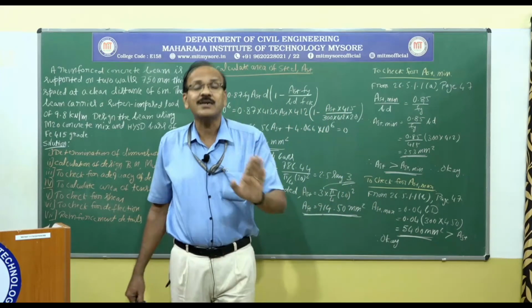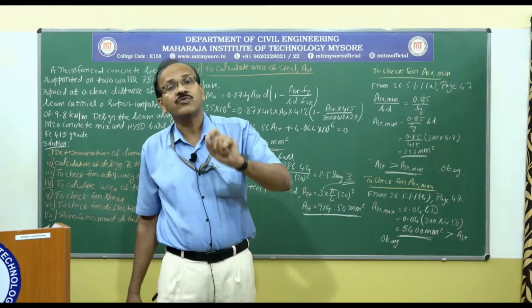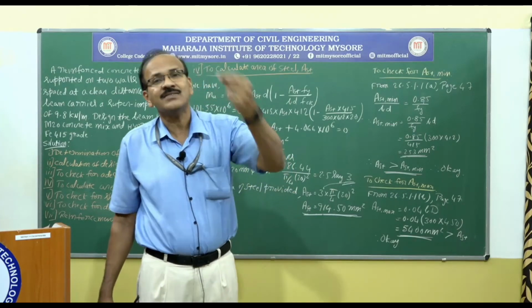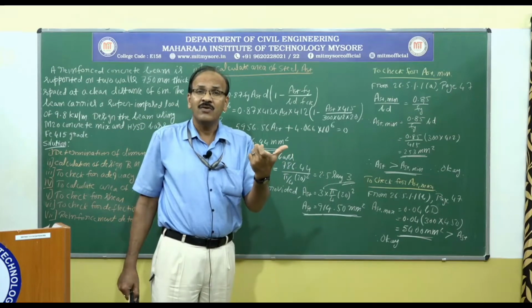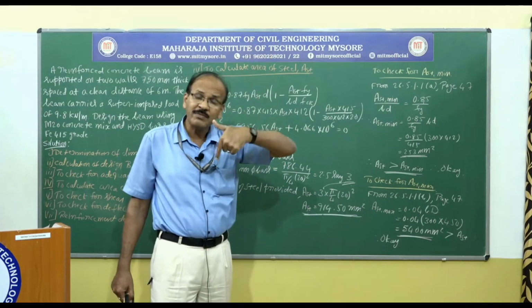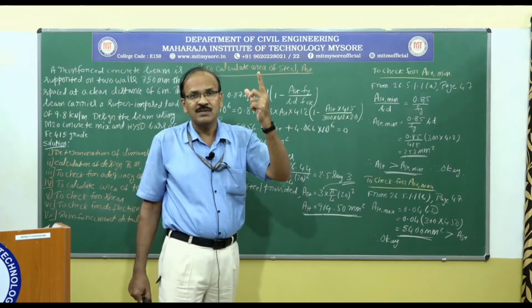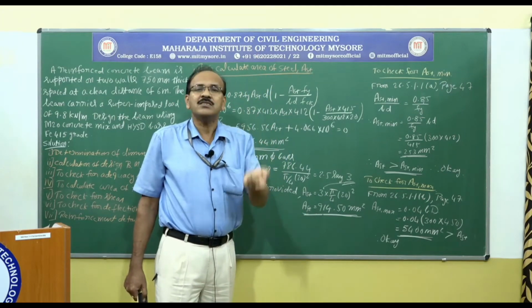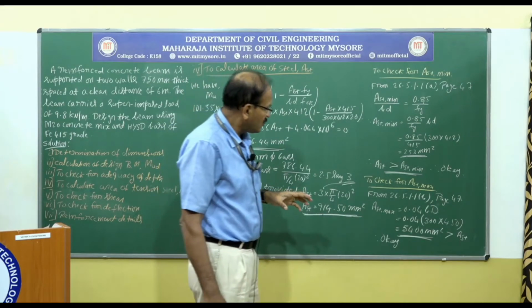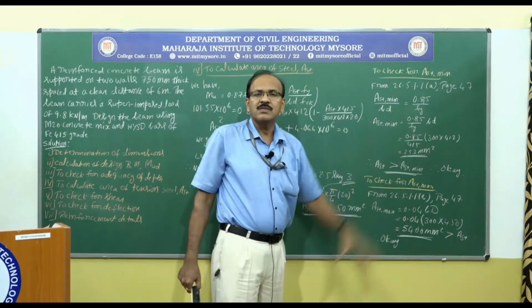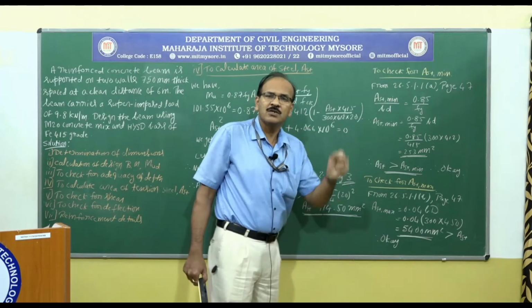Instead, you have to go back and increase the section size. Now we have provided 300 millimeter width and 450 millimeter overall depth. So that area is not adequate to put the steel.